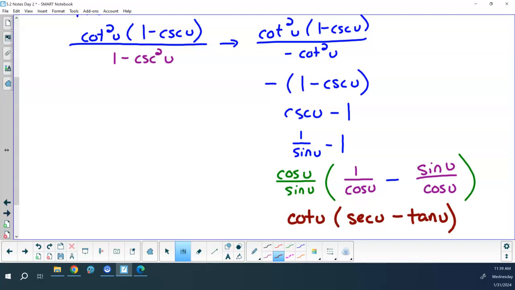This line right here, if you multiply it, gets you this line. Because you looked ahead, you looked at the picture of your ancestors on the wall, and you said, I need a cotangent in there. So let's put a cotangent in there, as long as you adjust it to make it fit.